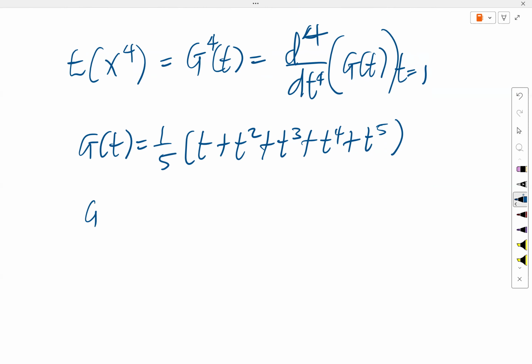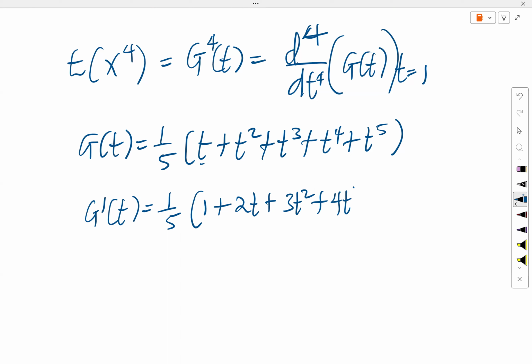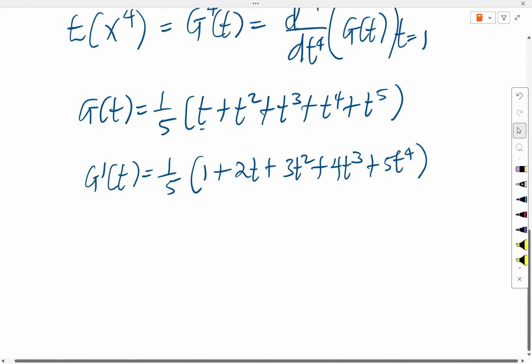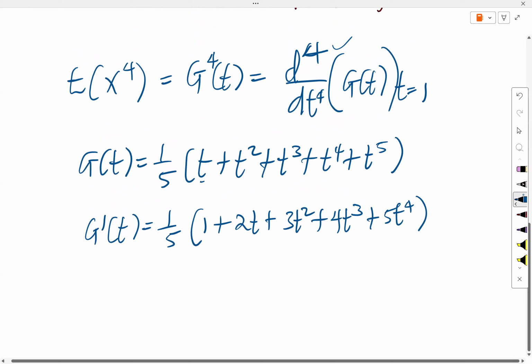You can start. The first derivative is 1 over 5 into, differentiate t, you get 1. Differentiate the next one, you get 2t. Differentiate the next one, you get 3t squared. Then 4t cubed. And lastly, you have 5t raised to power 4. That's the first derivative. Don't forget, you're going to the fourth derivative.